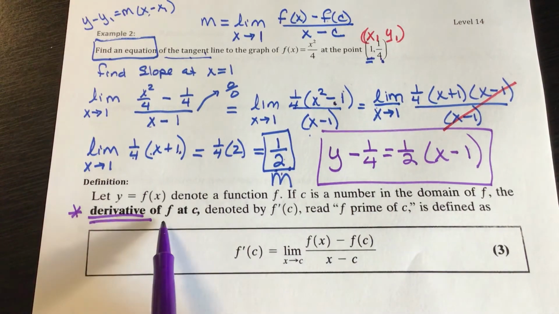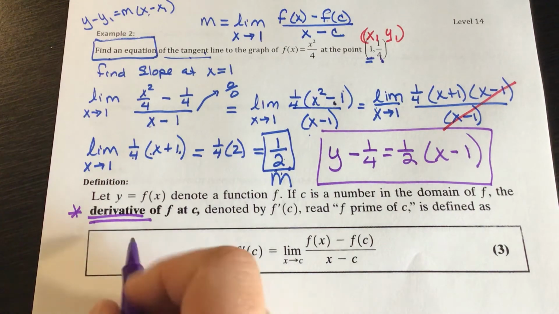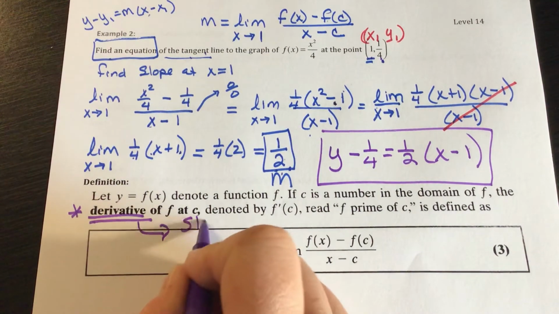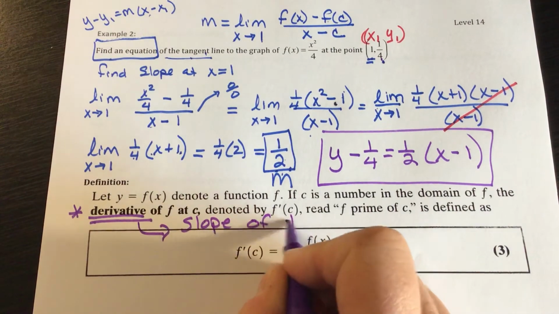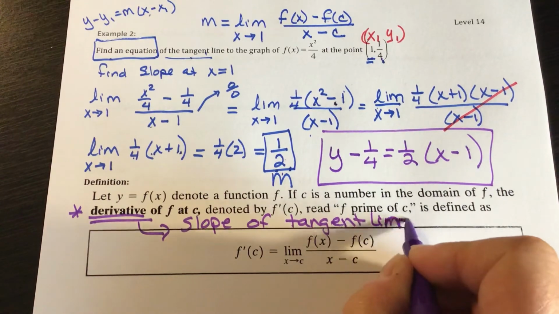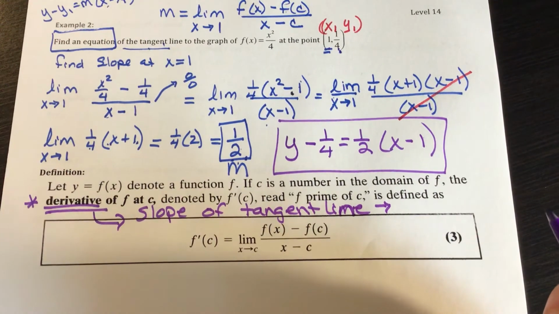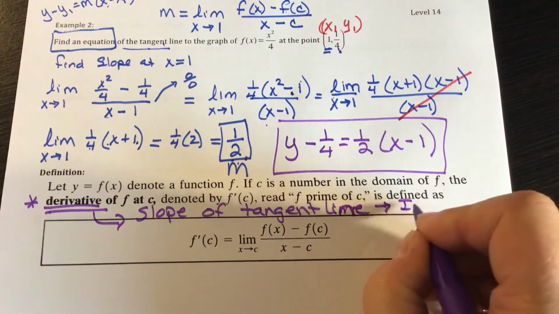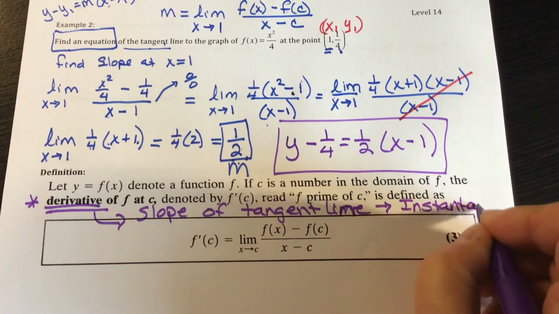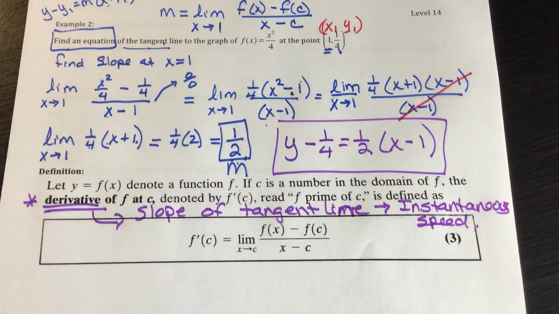But a derivative is the slope of a tangent line, which is the instantaneous speed at some point, or instantaneous rate of change, which in physics we would call speed.